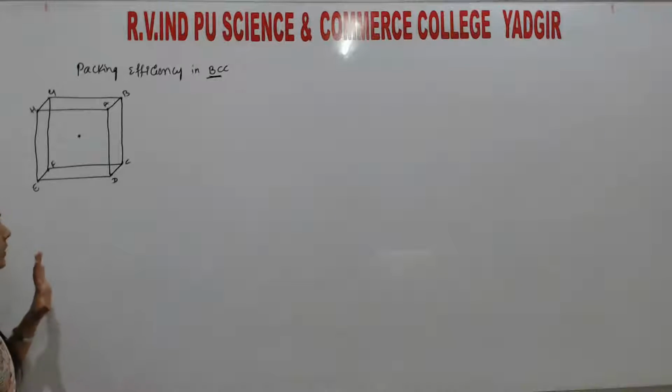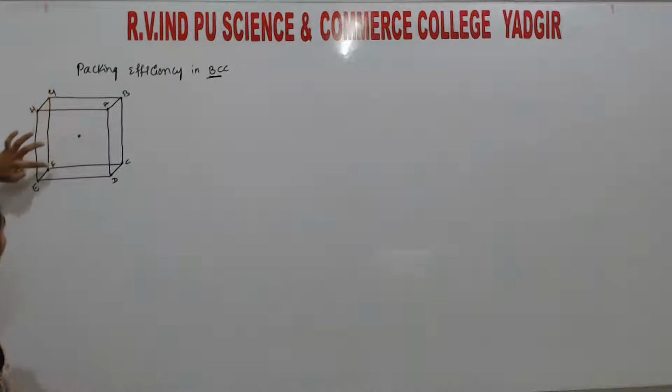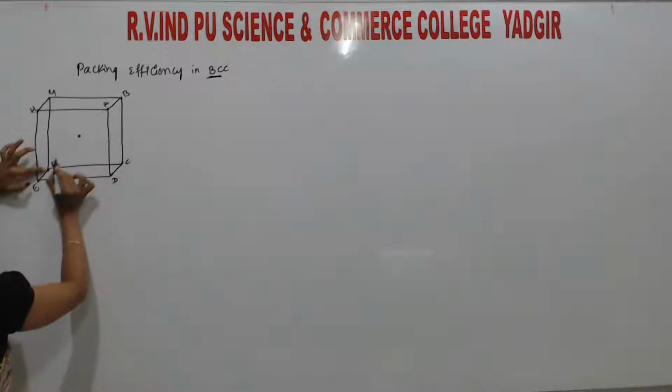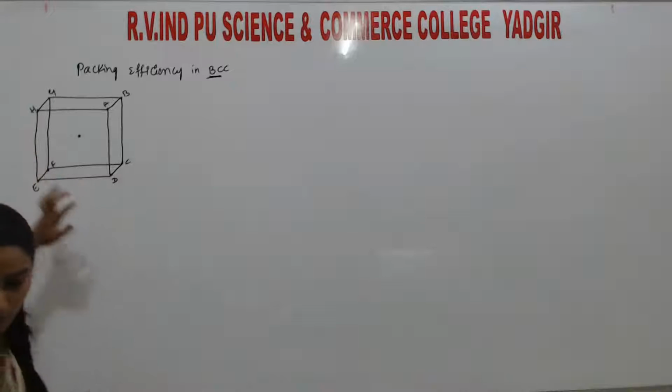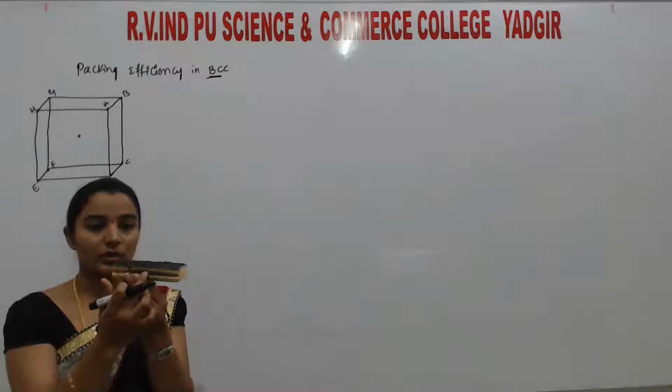This is the body center. So students, we are considering this point and this point, remembering the front one, the middle, and the back one. Here is the center of the body.